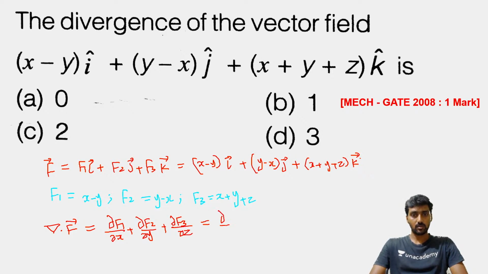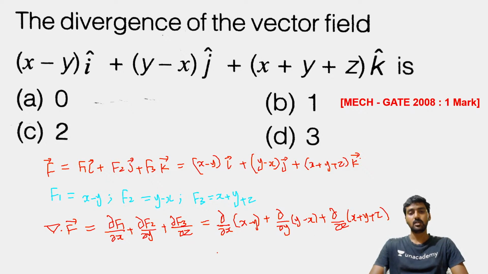Now dou by dou x of x minus y, dou by dou y of y minus x, plus dou by dou z of x plus y plus z.